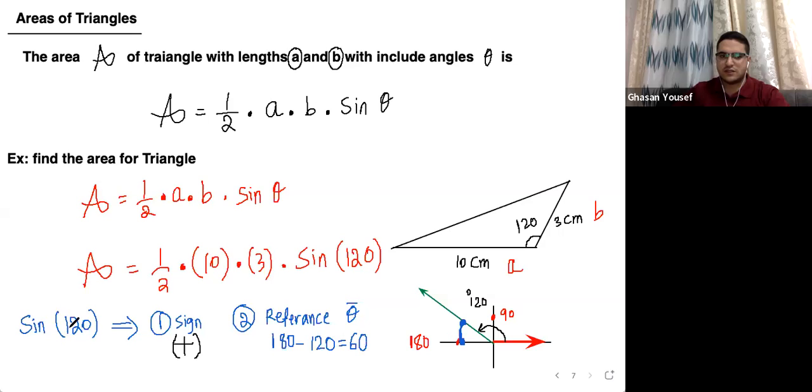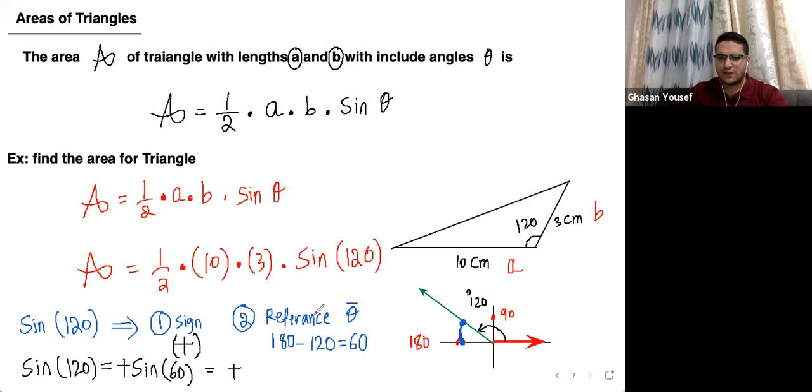Now it's easy to find the sine of 120. So the sine of 120 equals positive, the sign here, the sine of the reference angle 60. What's the sine of 60?